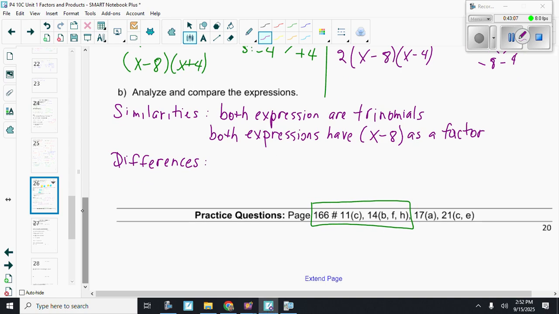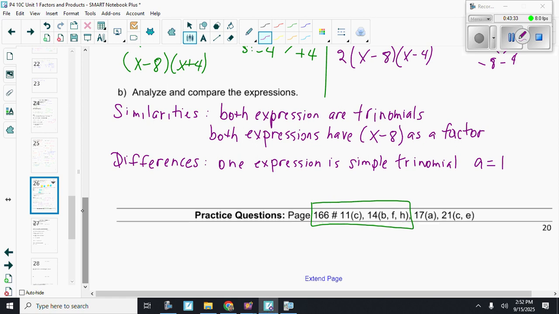So one expression is a simple trinomial, a is equal to 1. Anybody know where I'm getting a from? Why would I say a is equal to 1?